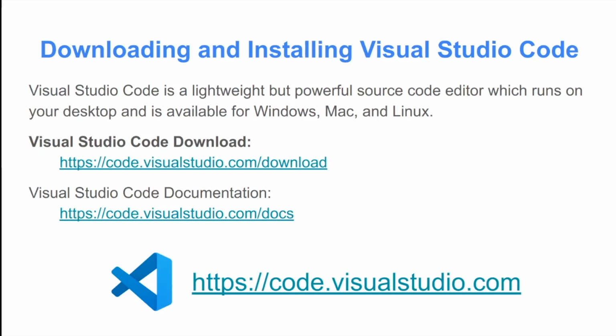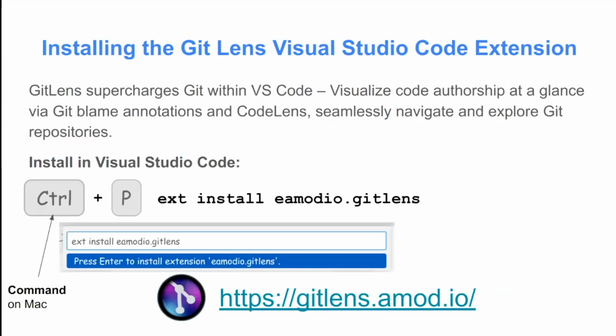It also has very good Git and GitHub integrations, which is part of the reason I've included it in this lecture. Many of the examples I show later on, I'll actually be using Visual Studio Code and the GitLens extension. So that leads me to that extension, GitLens.